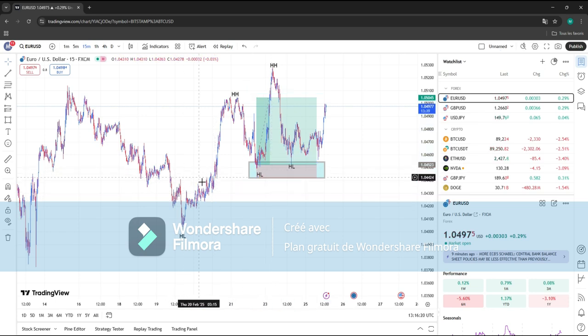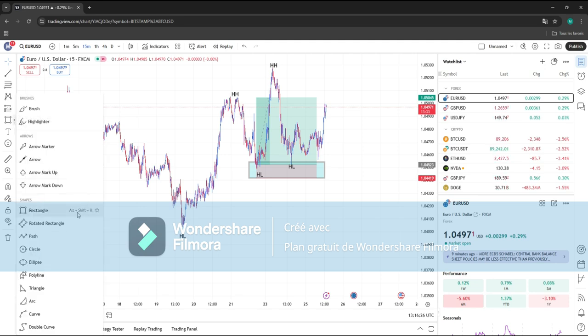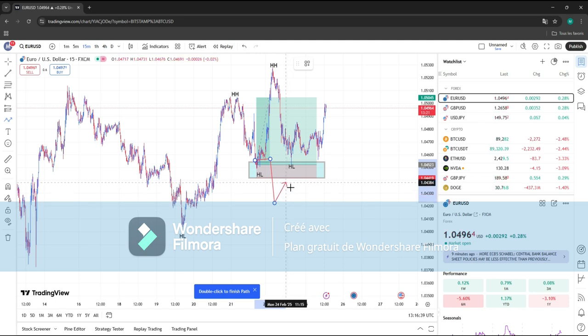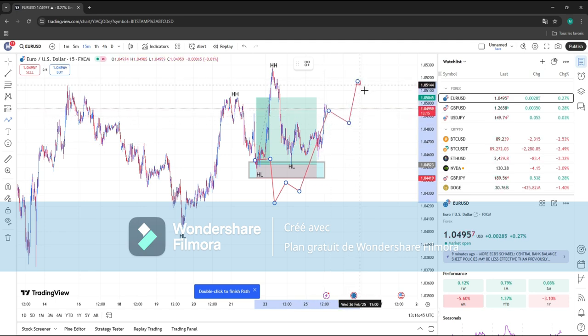The market can go out of this structure. How? The market can go lower and break the stop loss and you lose your money. Next, it goes up and touches your target.